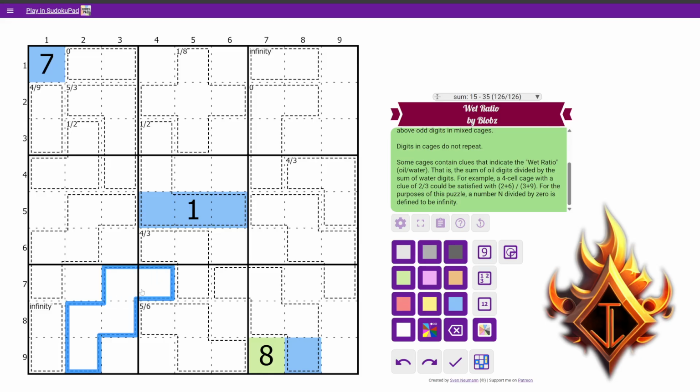These could all be even. These are not all even, so they will be water on the bottom and they're going to be even on the top.